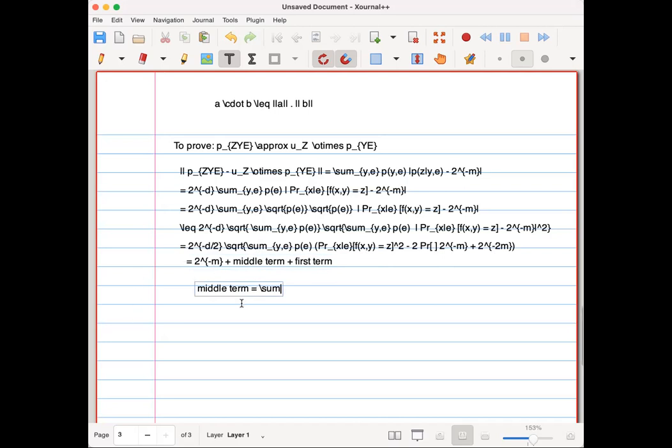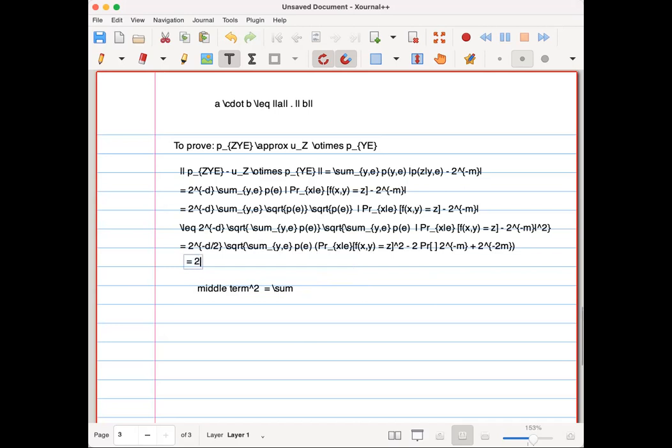Actually, I'm looking at the square of the middle term because there's the overall square root out here, right? Sorry, the whole thing is squared. Sorry.